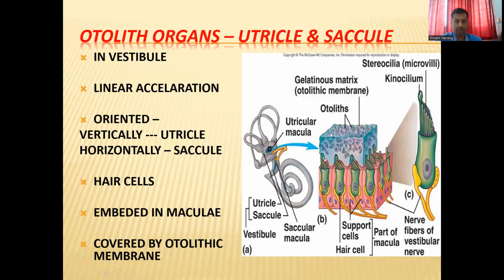The movement of this otolithic membrane results in the movement of the cilia, whether towards the kinocilium or away from the kinocilium, and that results in excitation or inhibition. The basic fundamental is the same, just that the structure in the utricle and saccule is slightly different as compared to the semicircular canals.